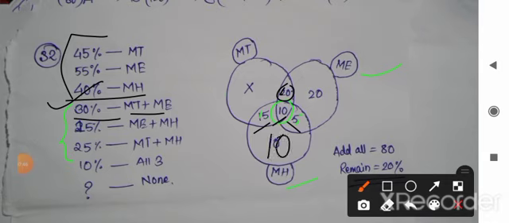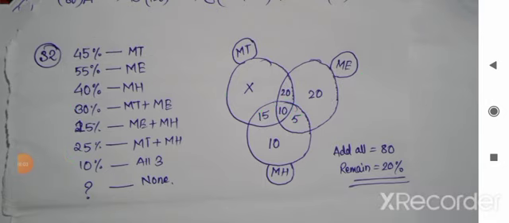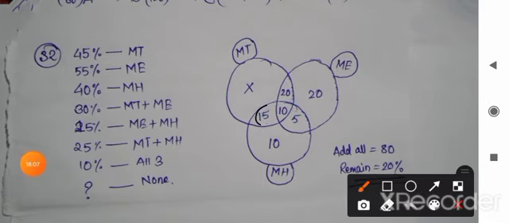Then in Express 55% has been asked, so 20 plus 10 is 30, 35 plus 20 is equal to 55, so we will put 20. And then Malgudi Times, 45% is asked, so 15 plus 10 is equal to 25, 25 plus 20 is equal to 45 already, so there will be nothing, 0.